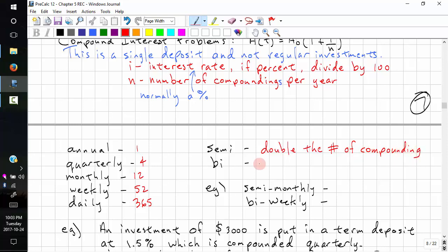And bi means to halve the number of compoundings. So, for example, semi-monthly, we double the 12, so that's 24. Bi-weekly, we halve the 52, so that's 26.